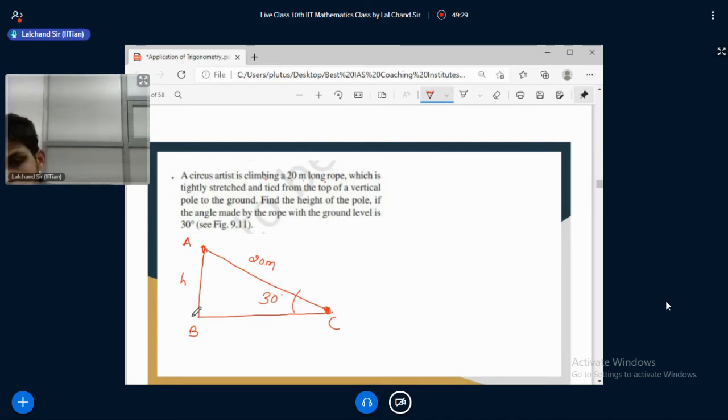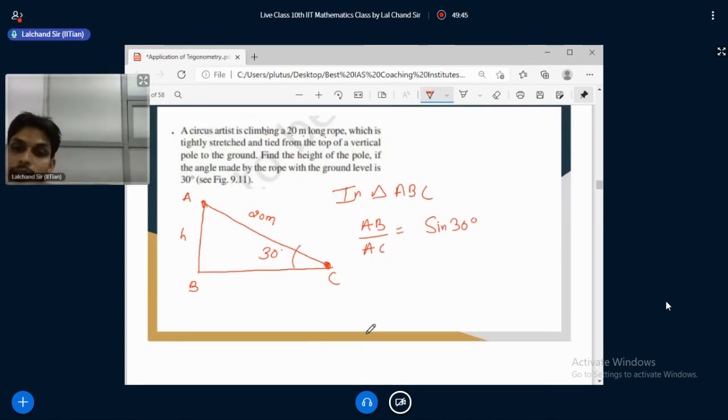If we look at this triangle, in triangle ABC, AB divided by AC, we can say, is sine 30 degree. Okay. So what is the value of AB? AB value is h and AC value is 20 and sine 30 is 1 by 2.